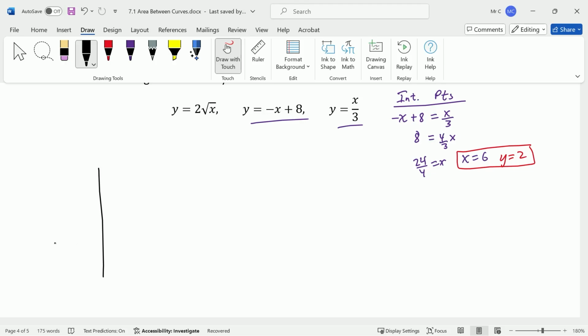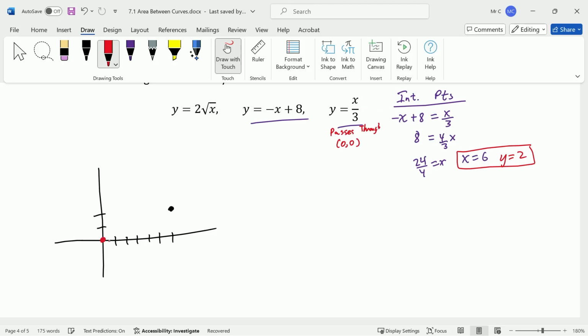And let's see what that looks like. All right, so that's my first intersection point. Now, this y equals x over 3 also passes through 0, 0, because there's no plus b here, right? So the y-intercept is b.